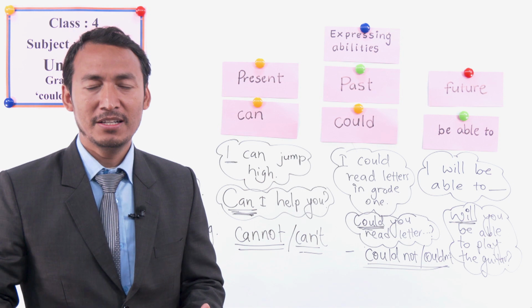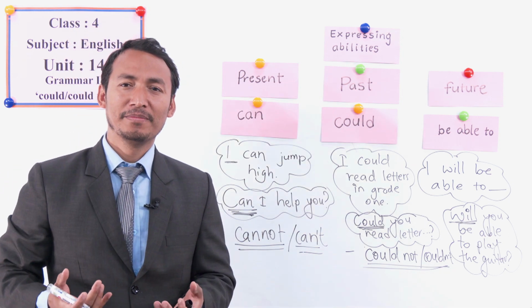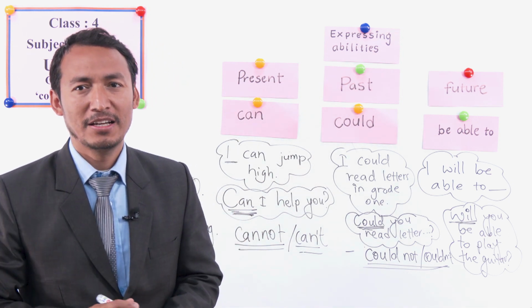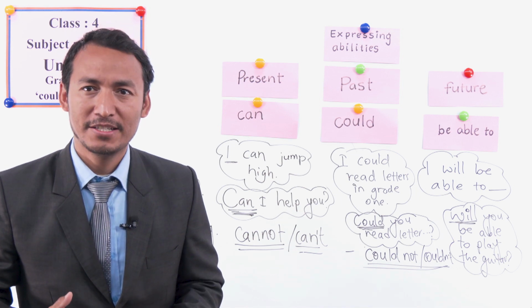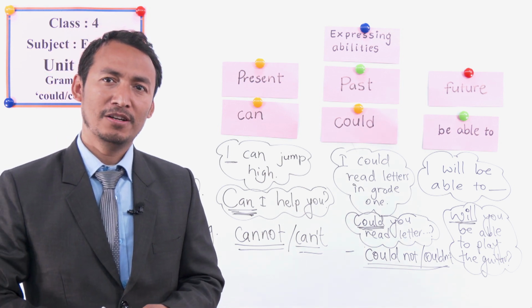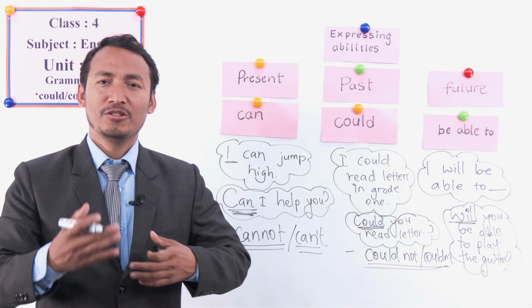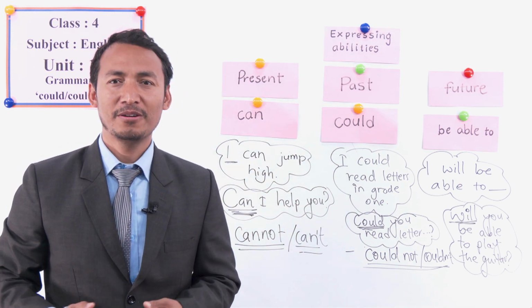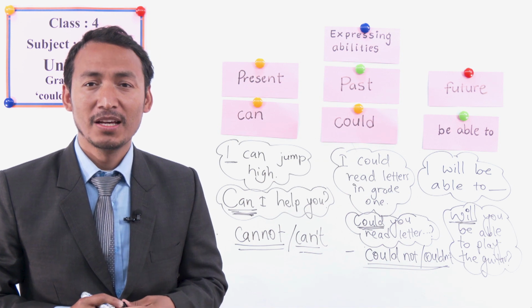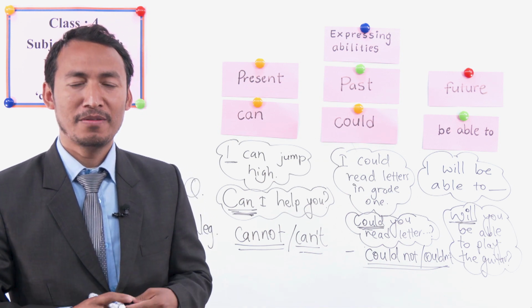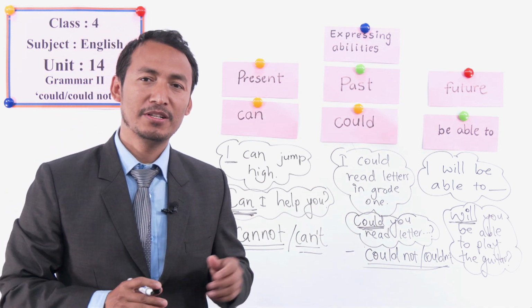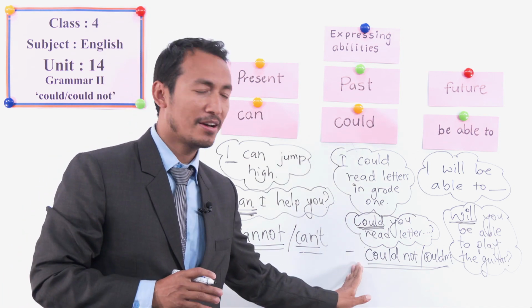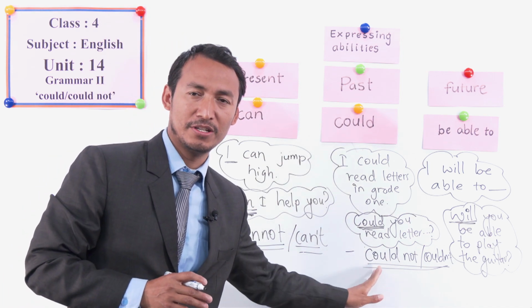I could not win the game. I could not run faster, so I lost the game, and so on. You say some past activities and your inabilities, okay? When we couldn't do something in the past, you say I could not or couldn't.